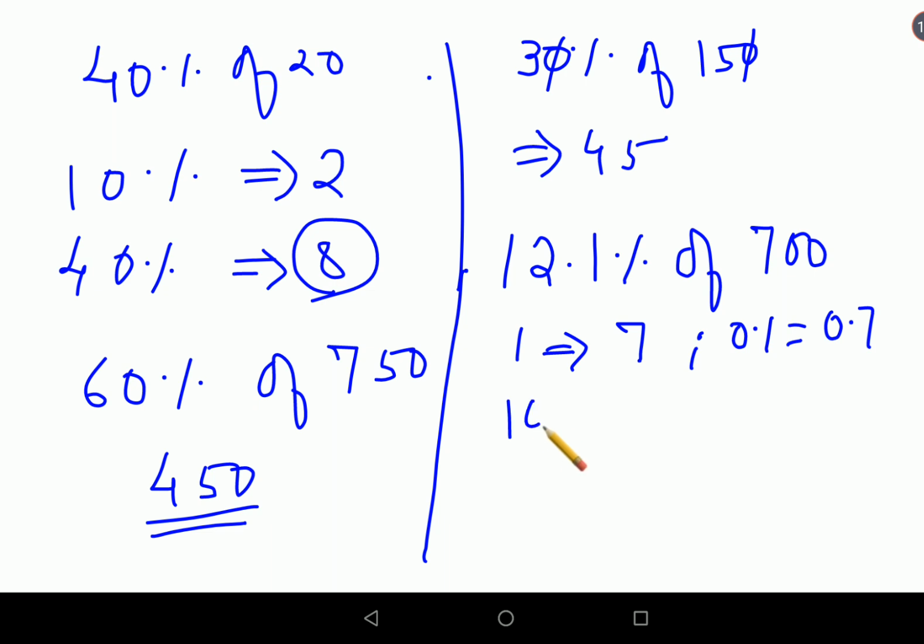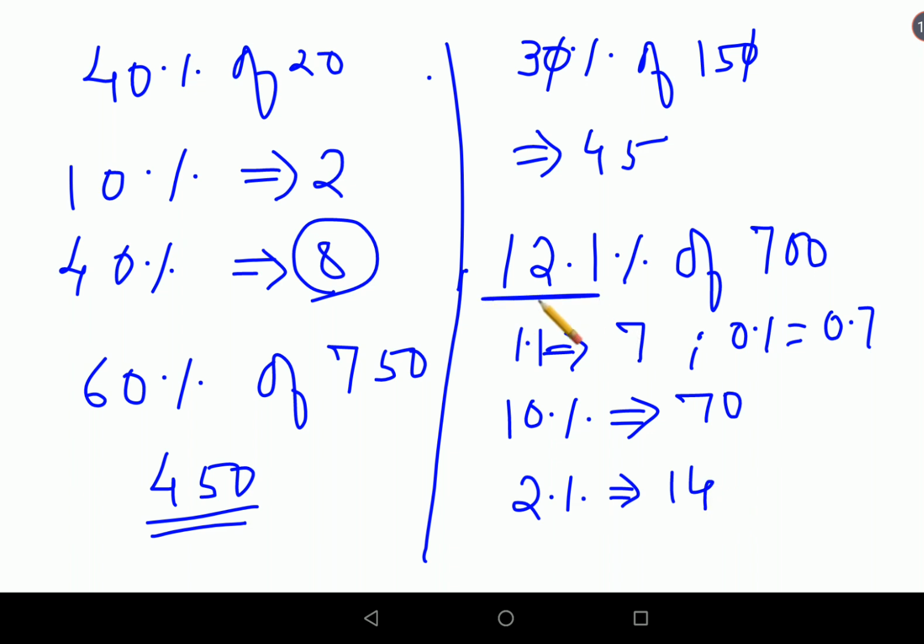And 10% of 700 is nothing but 70. Correct. And 2% would be just 14. So in order to find the value of 12.1%, we need to add 10%, 2% and 0.1%. So the answer comes out to be 70 plus 14 gets you 84, plus 0.7, that would be 84.7. That is your answer.